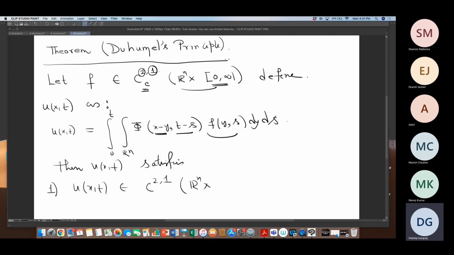You know what the compact sets in R^n cross (0, infinity) are. But of course, once I translate with x minus y and t minus s, u may not have compact support. This is triviality, nothing to prove. Second, u_t minus Laplacian of u equals f(x,t).